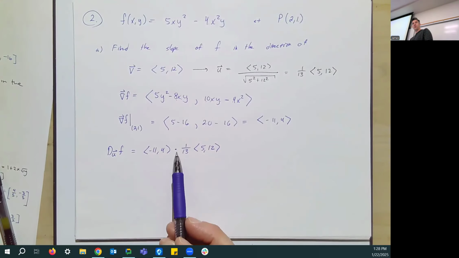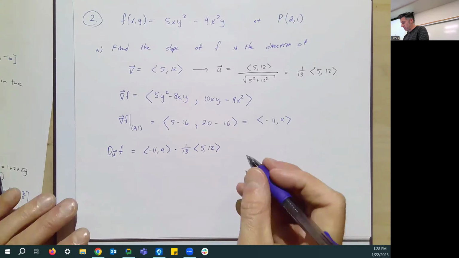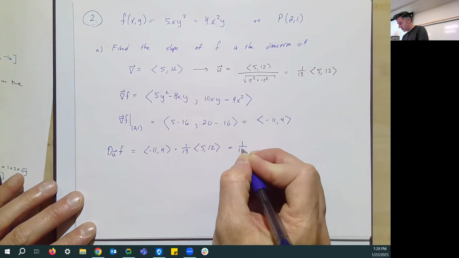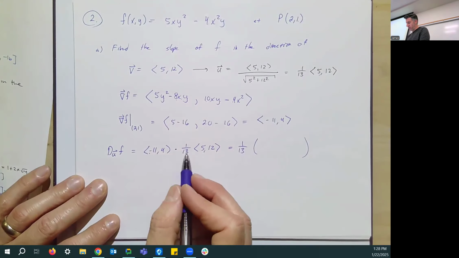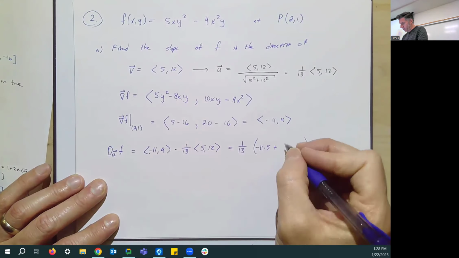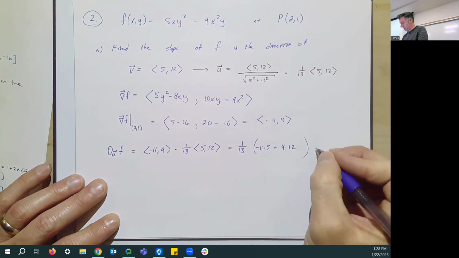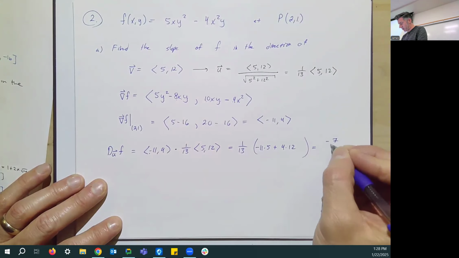Those constant multiples, the 1/13th here, you can really kind of just ignore that until the end. I'm really just thinking of this as 1/13th times whatever the dot product ends up being. Negative 11 times 5 plus 4 times 12. That's negative 55 plus 48, which is negative 7. So we get negative 7 over 13.